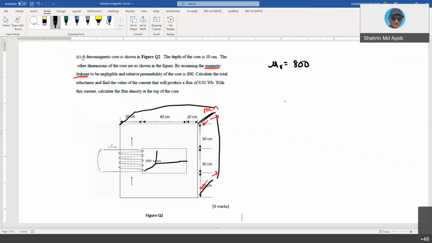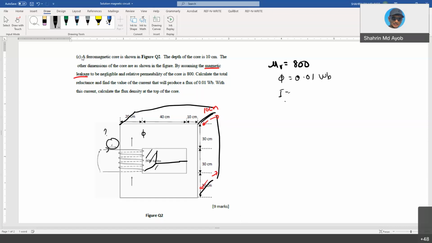Calculate the total reluctance and find the value of the current that will produce flux 0.01 Weber. So calculate the current, meaning what is the value of the current that can produce flux 0.01 Weber inside this core.